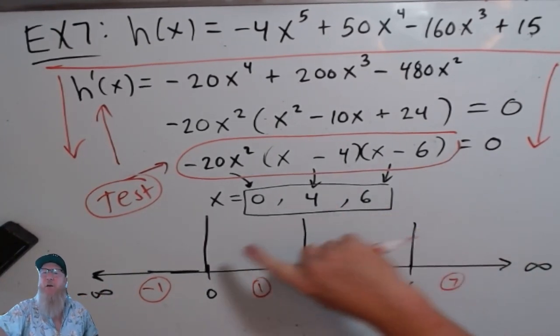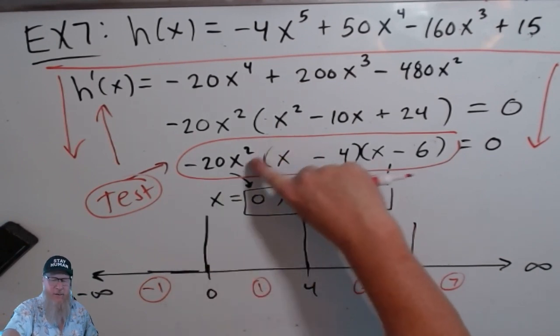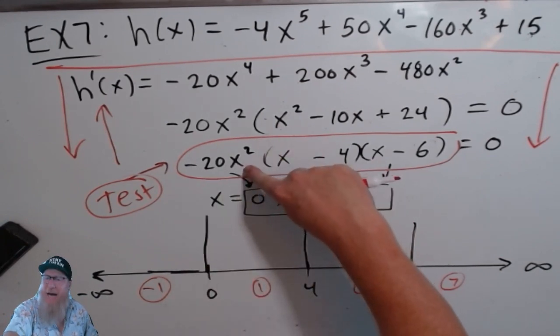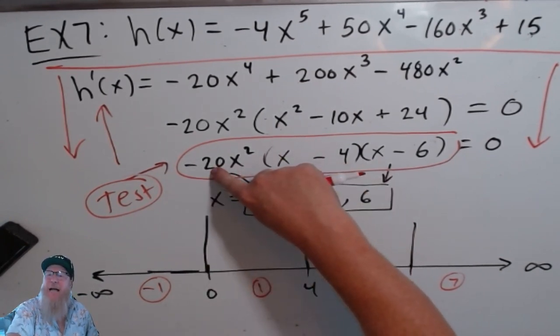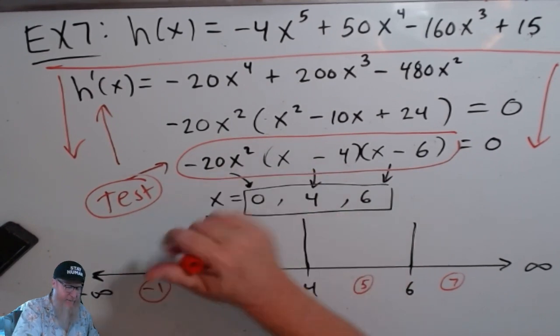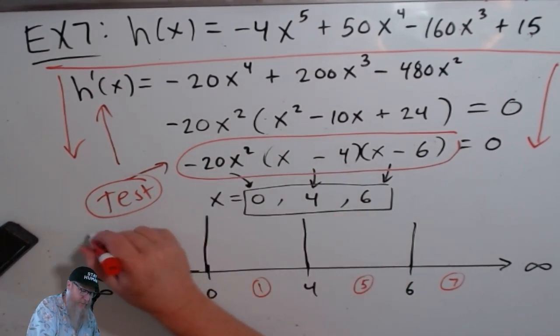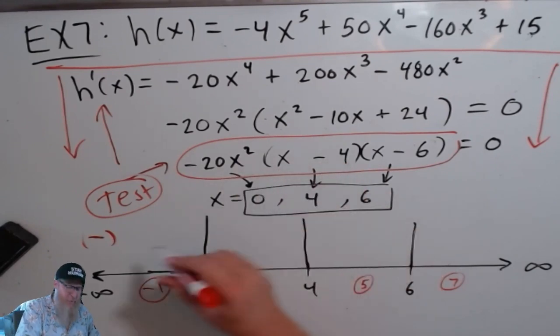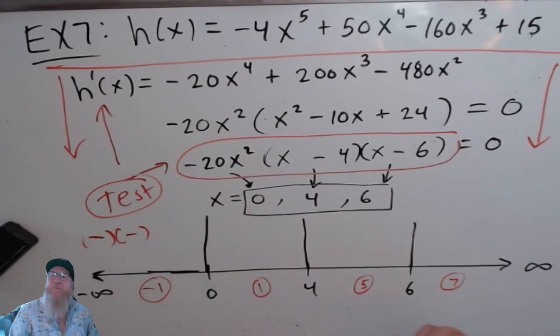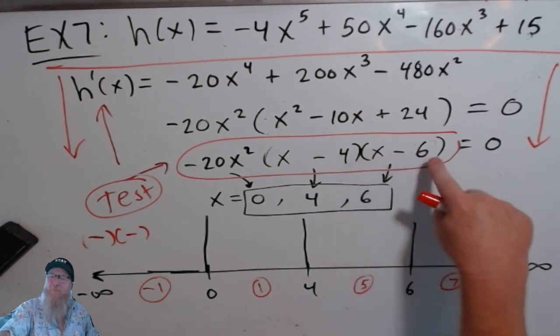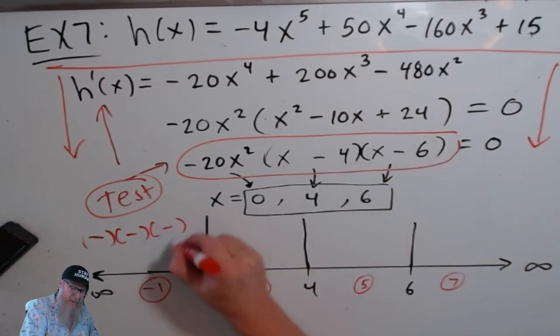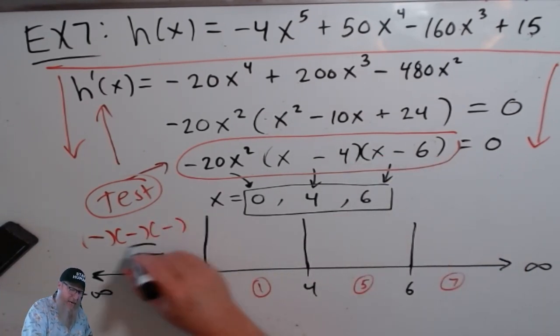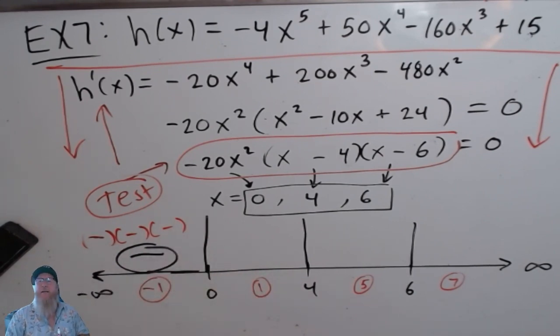All right, see if you can follow along with me. -1, square it, positive, times -20, negative. -1 minus 4, negative. -1 minus 6, negative. So altogether, 3 negatives make a negative.